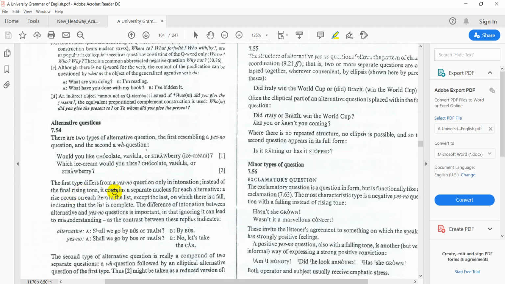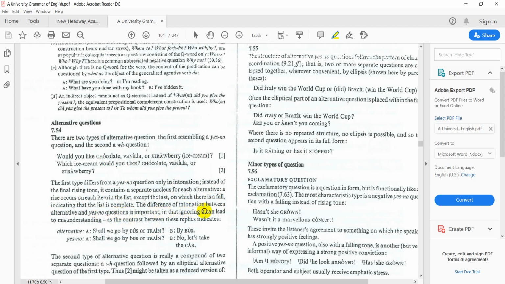The first type differs from a yes-no question only in intonation. Instead of the final rising tone, it contains a separate nucleus for each alternative. A rise occurs on each item on the list, except on the last, on which there is a fall, indicating that the list is complete.